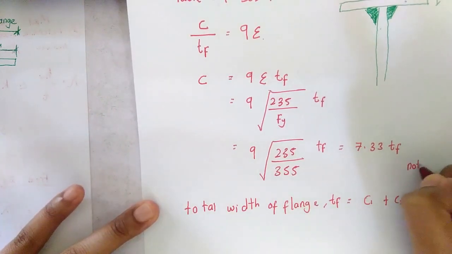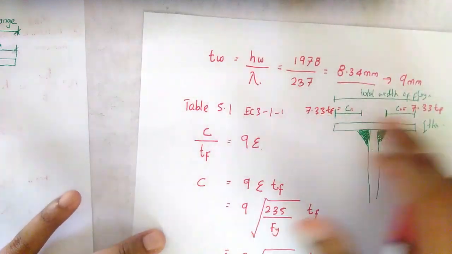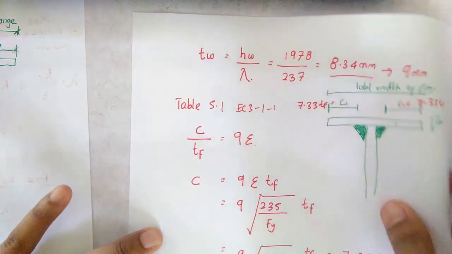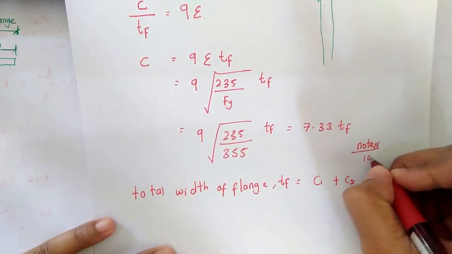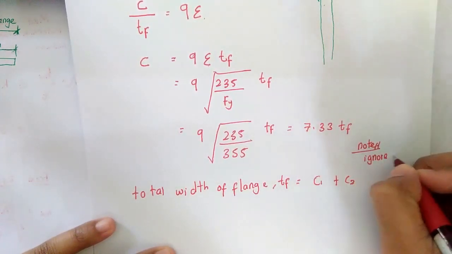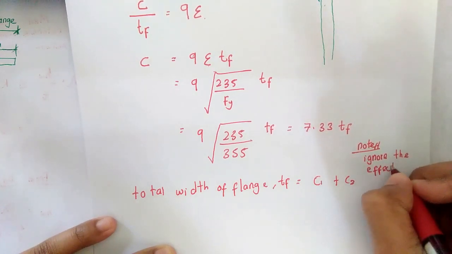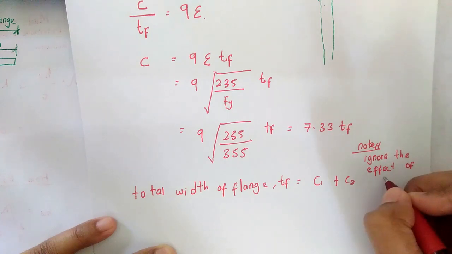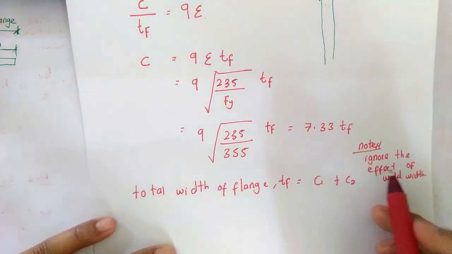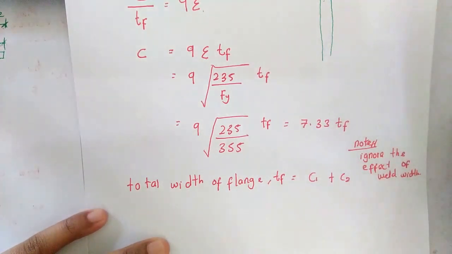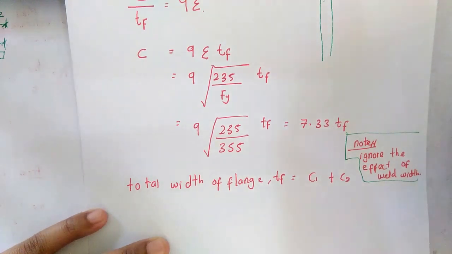I just make a note here that the assumption for us to calculate the total width of the flange is that we ignore the effect of weld width. Just to highlight, we ignore the effect of weld width.